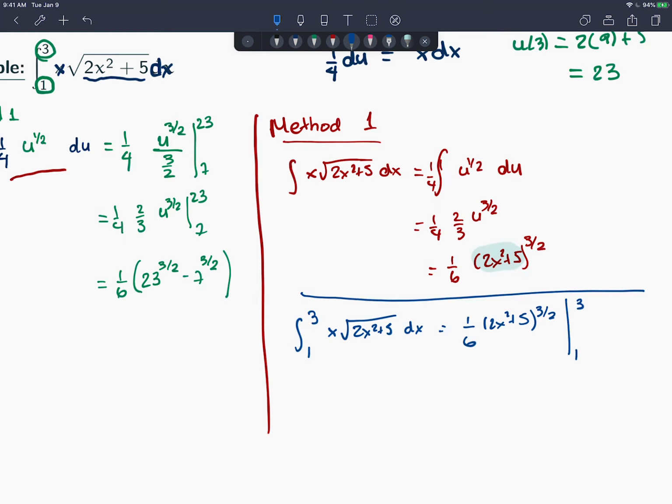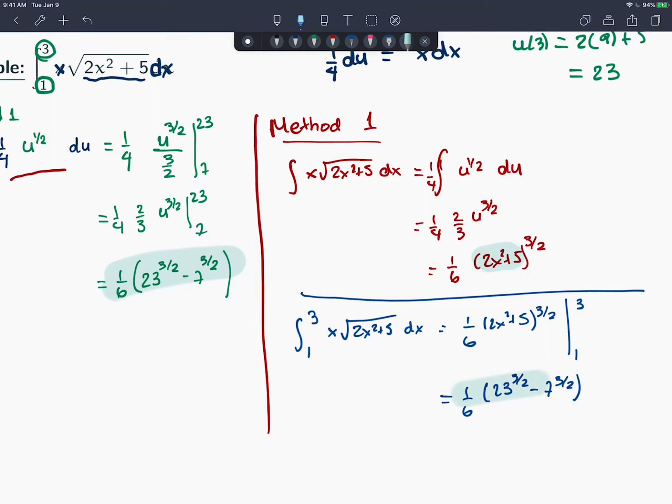You're going to plug in x equals 3, so I get 2 times 9, 18 plus 5, 23 to the 3 halves, minus, when I plug in a 1, it's 2 times 1 plus 5, 7 to the 3 halves. So of course I got the same answer.